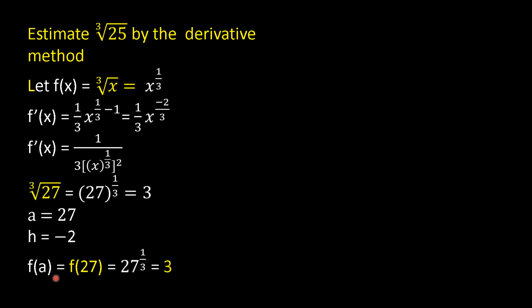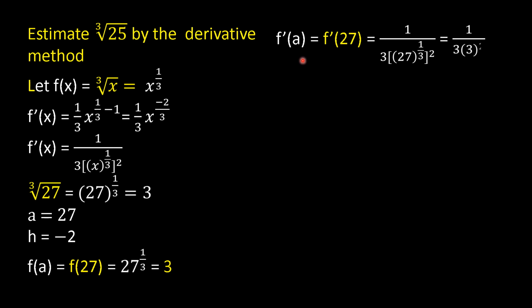So we have f(a) equals f of 27, that will be 27 to the power 1/3, which will be 3. f dash a will be f dash of 27, that will be 1 divided by 3 times 27 to the power 1/3 whole square. We replace here x by 27, which will be 1 divided by 3 squared. So we get f dash 27 equals 1 divided by 27.